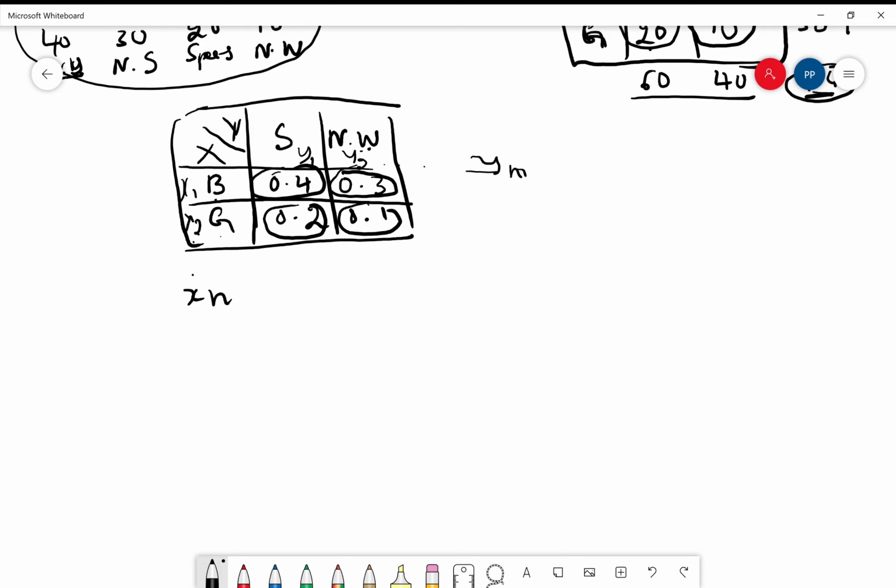This is given by the probability function denoted as P of xi comma yj, or in simple notation P suffix ij.